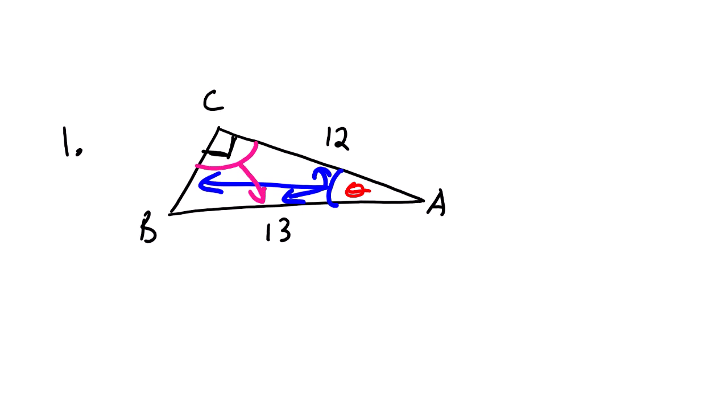Now we need to use a trig ratio which involves the two given sides, and then we will be able to calculate our angle. Since we have the adjacent and the hypotenuse, the only trig ratio which involves the adjacent side and the hypotenuse is cos. So we are going to use cos theta in this particular question.